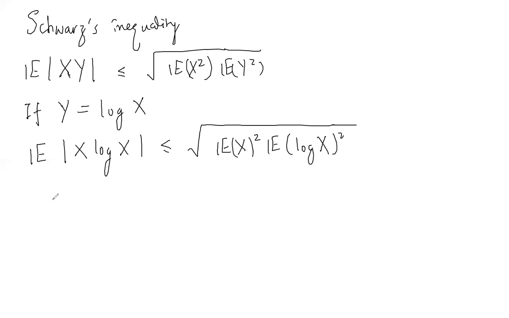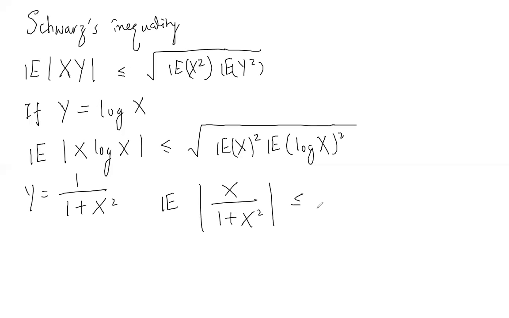All right, some other examples, like let's say if your y is 1 over 1 plus x squared, then your expectation of absolute x over 1 plus x squared will be bounded by expectation of 1 over 1 plus x.